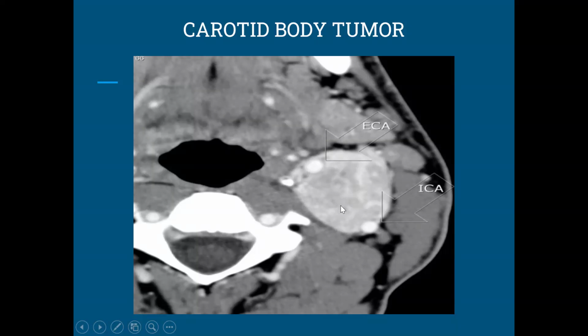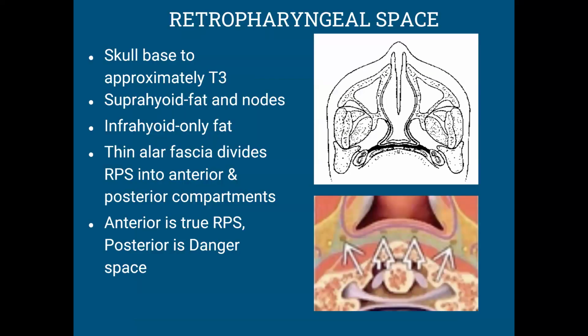So because of the tumor, the parapharyngeal space is displaced anteriorly. So that was about the parapharyngeal space. The most important part is that we always look at the direction of displacement of the fat, which will give us a clue to the epicenter of the lesion.